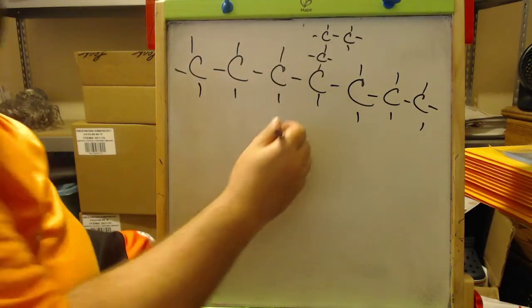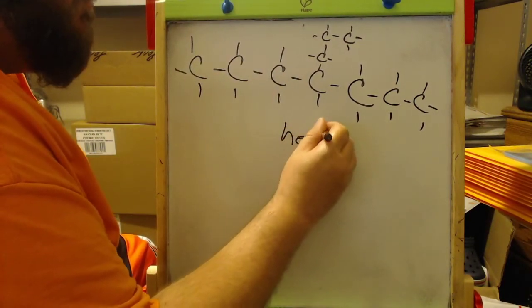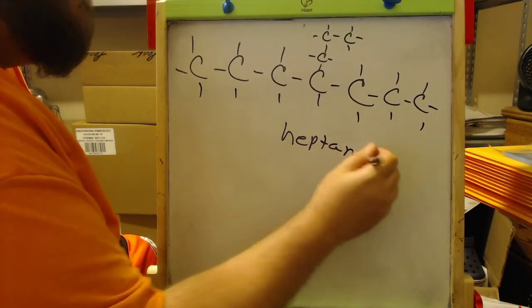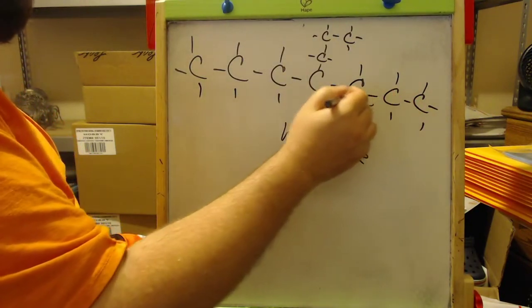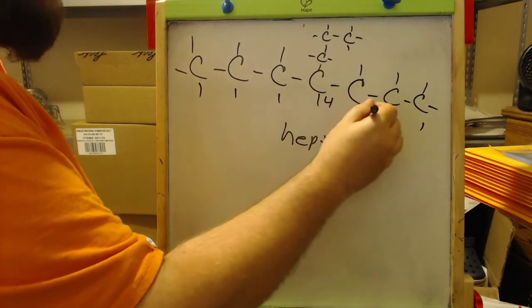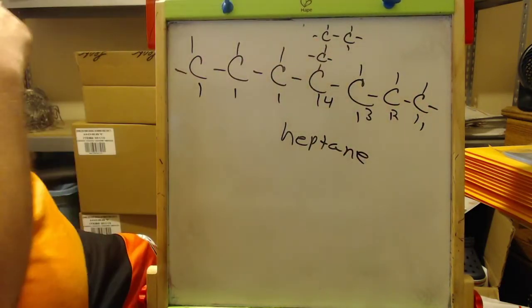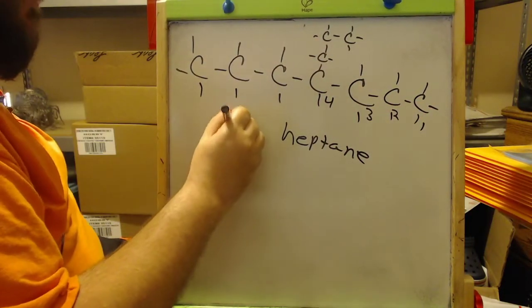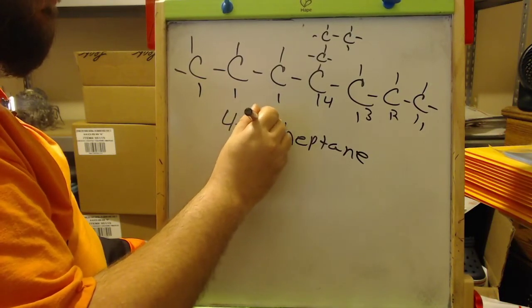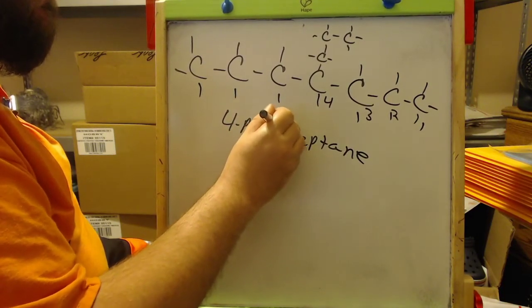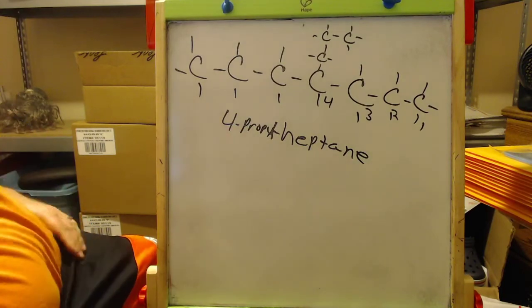So we have 7. 7 is hept. They're all singly bonded. It's heptane. What's my shortest distance to that? 1, 2, 3, 4. So we would say it's 4-propyl heptane.